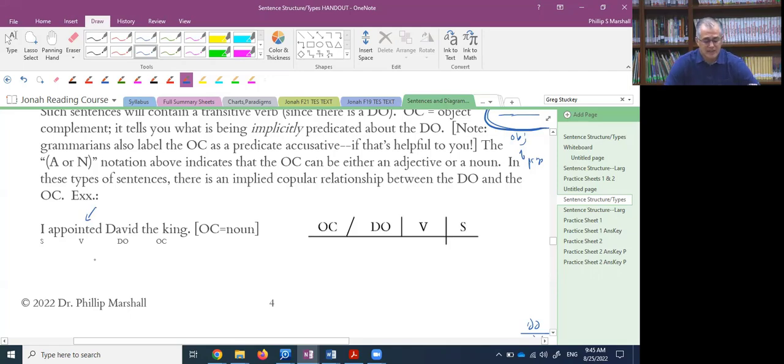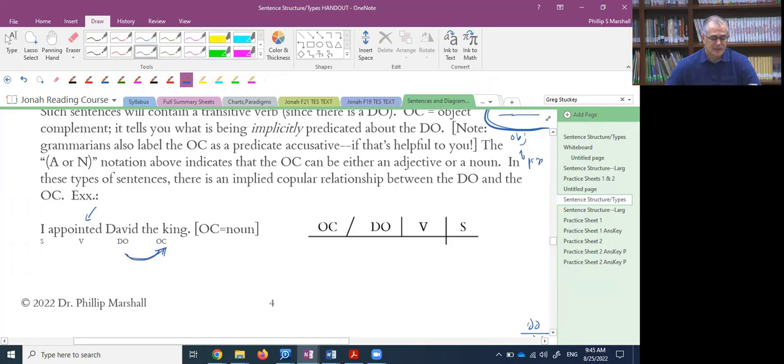I appointed David the king. That is, I appointed David to a role, and that role is the king. As a result of the appointing, now David is the king. So there's an implied predication, an implied copular relationship between the direct object and the object complement.